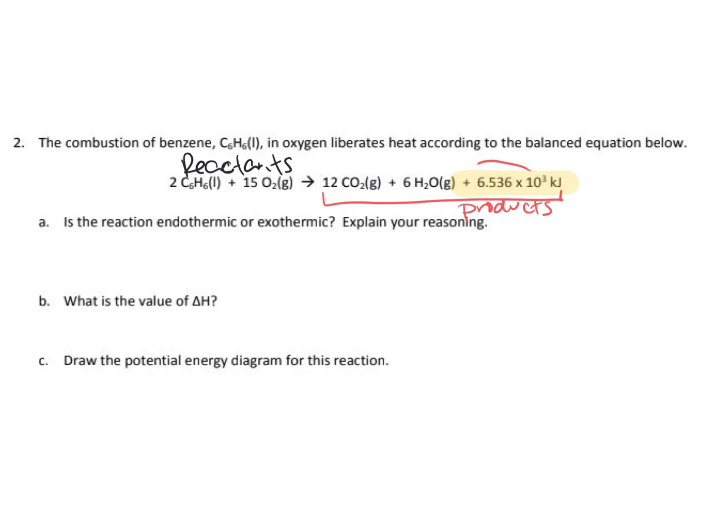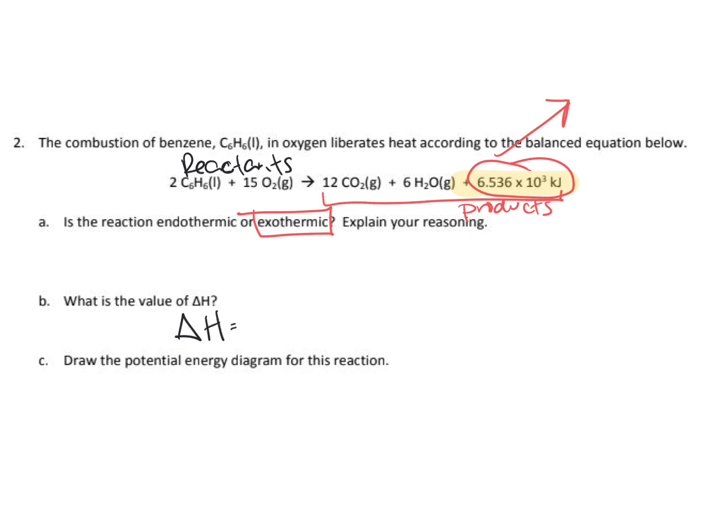So if my energy is coming out of that chemical reaction, we would expect it to be exothermic. So anytime you see energy as a product, that is exothermic. And if you see the energy as a reactant, that is endothermic. So it's asking, what is our value of delta H? This is exactly the same thing. It's just a different way of looking at it.